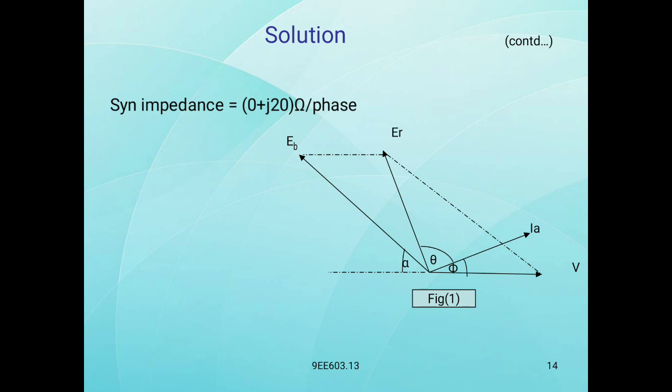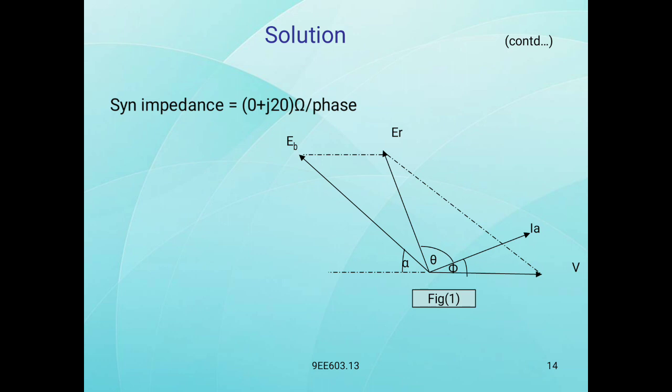Now here the phasor diagram is given. The voltage V is taken as the reference along the x-axis, and IA is leading the voltage by angle phi. ER and IA make angle theta, and EB is at load angle alpha; V and EB give the resultant ER.